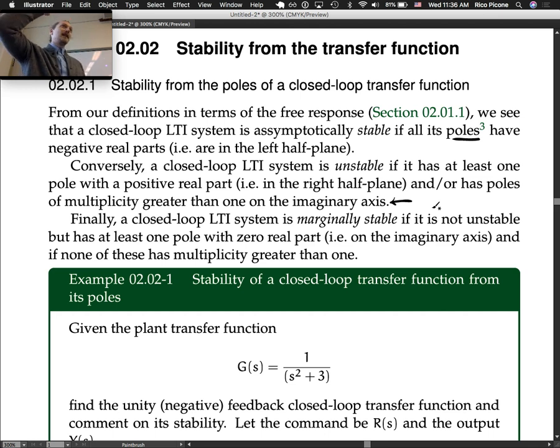One of them will be e to the lambda t. The other one's going to be a t e to the lambda t, remember? And if it's multiplicity 2 or 3, then you have t squared e to the lambda t.